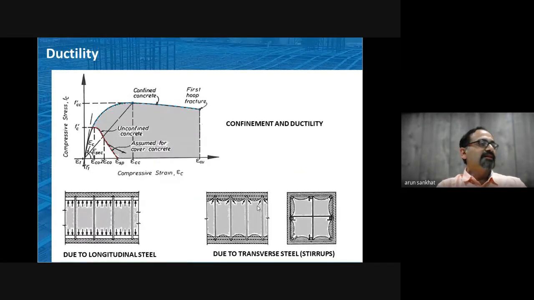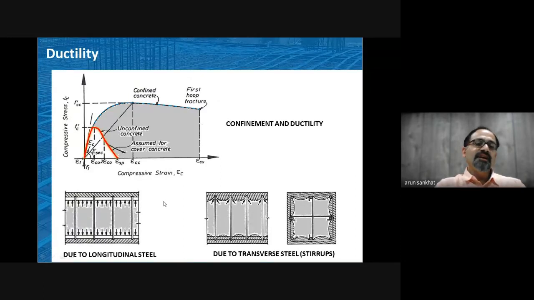The ductility part is actually controlled by a few parameters. One of them is the concrete. As you know, concrete is not as ductile as steel is. If you see here, this is a graph of an RCC member, wherein compressive stress and compressive strain are plotted.